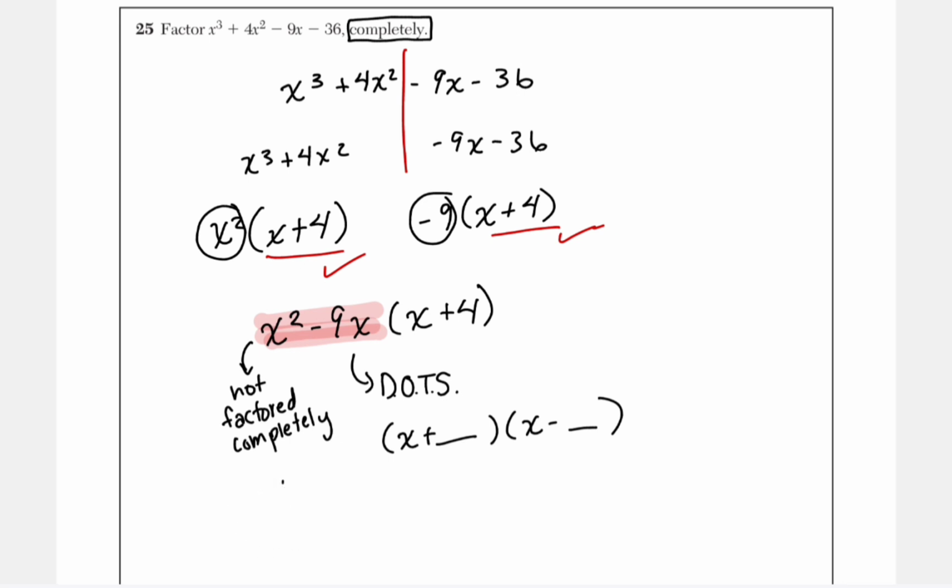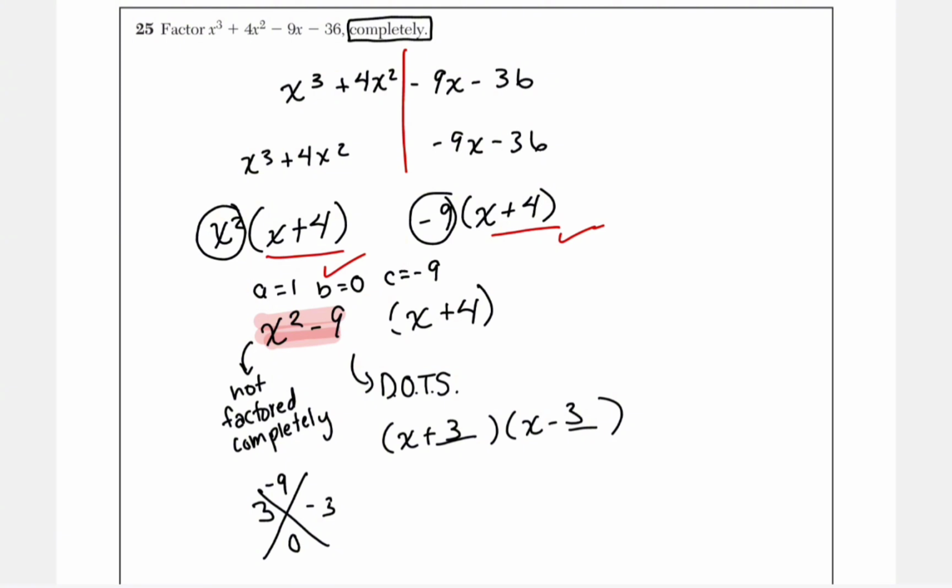Our a is 1, our b is 0, there should be no x here, and our c is negative 9. So we have negative 9 on top and 0. What 2 numbers add together to get 0 and multiply to get negative 9? That's going to be negative 3 and 3. Those will be our factors.